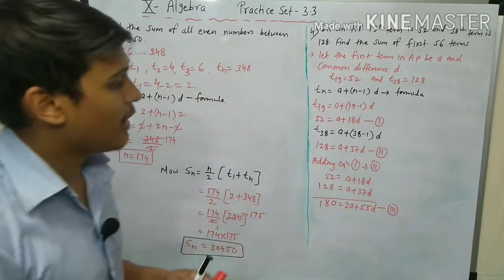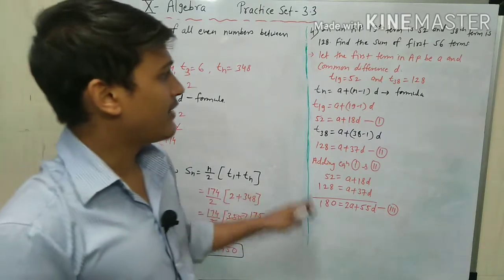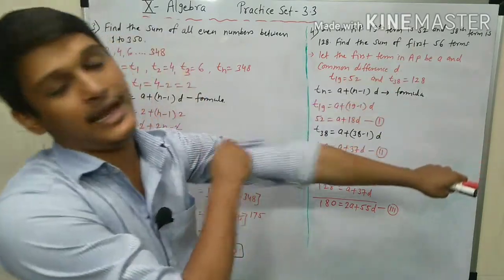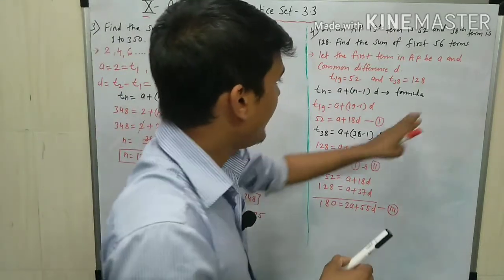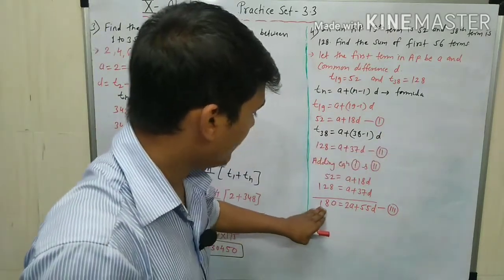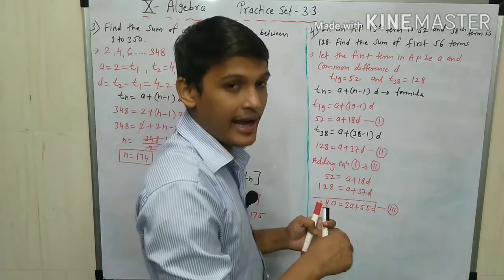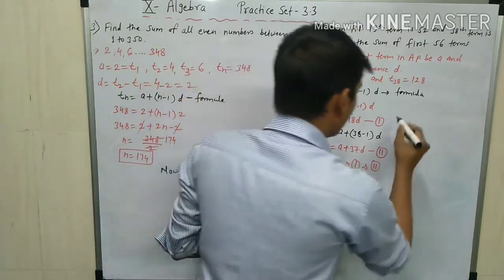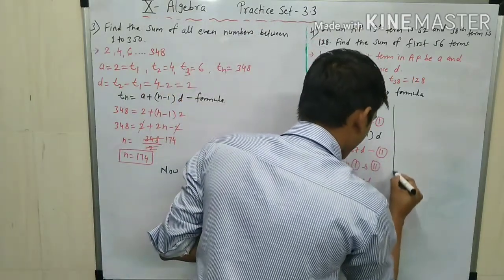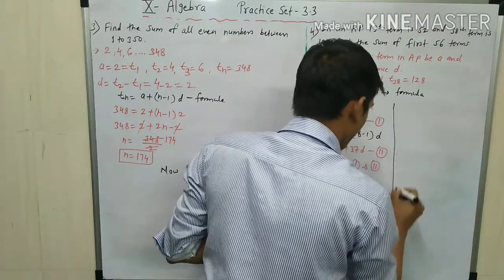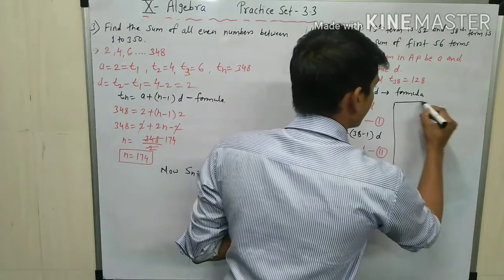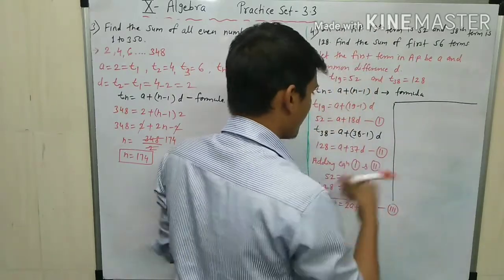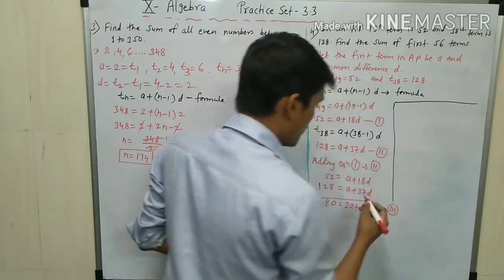Understood? Now next we can find out the value of S56, the first 56 terms. Now we can write here Sn is equal to, and then put the value of the equation.